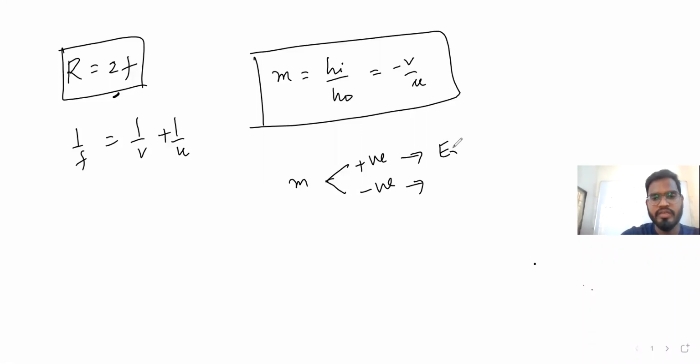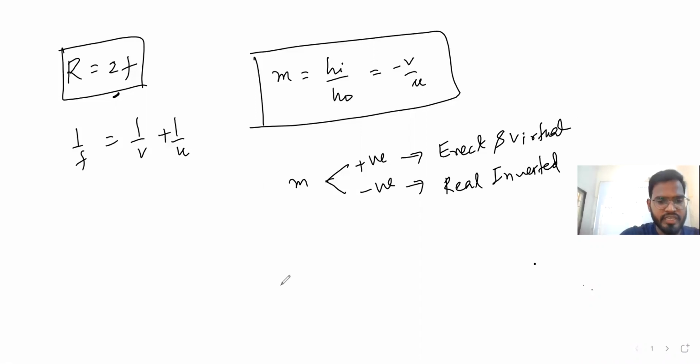If magnification is positive, the image is erect and virtual. If it is negative, it is real and inverted. And then magnification greater than 1, smaller than 1, and equal to 1, that also we'll have to see.